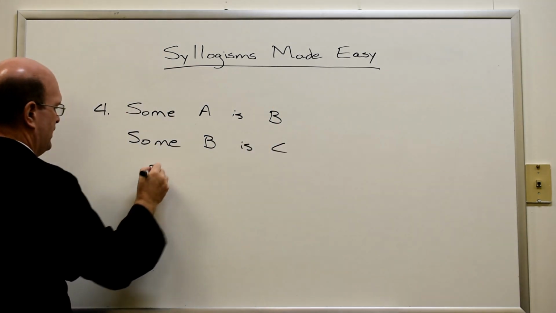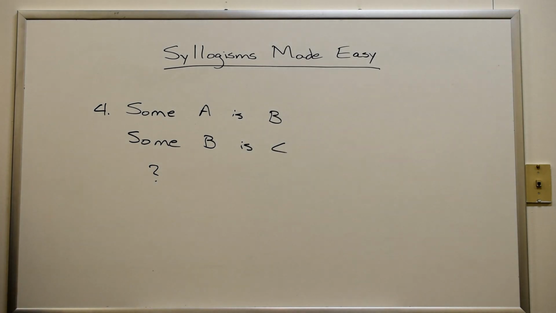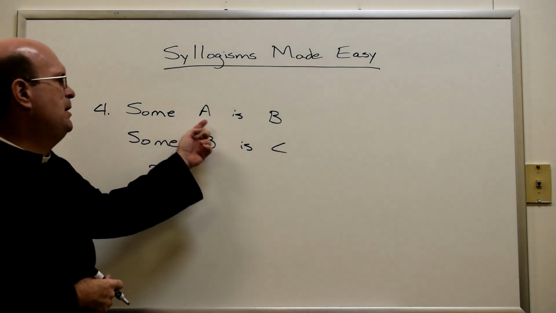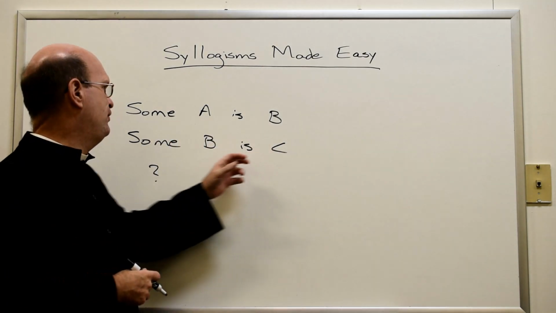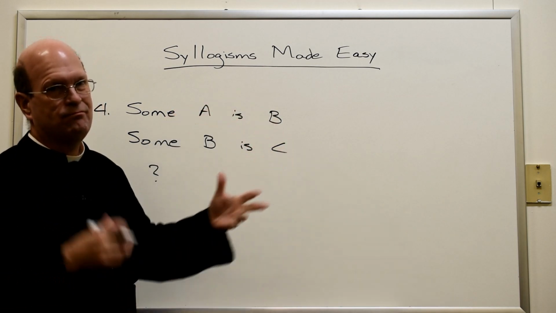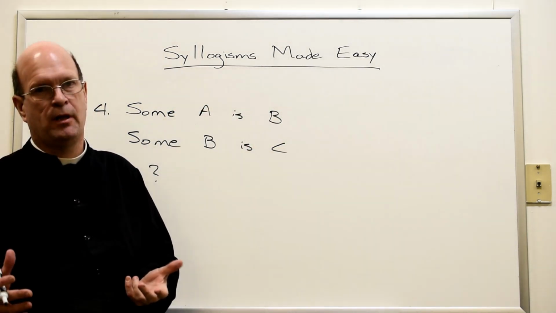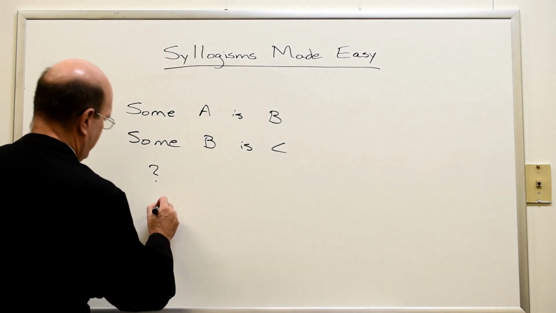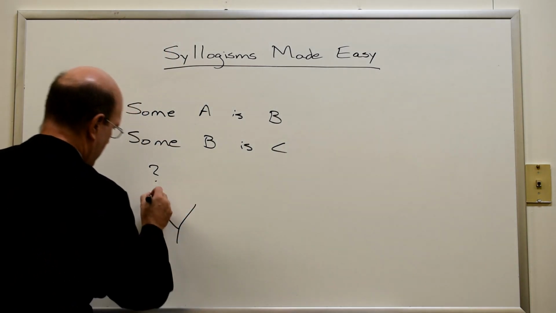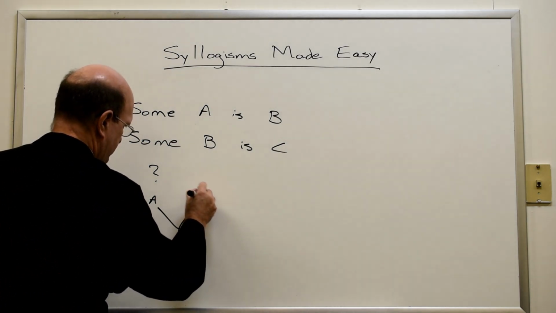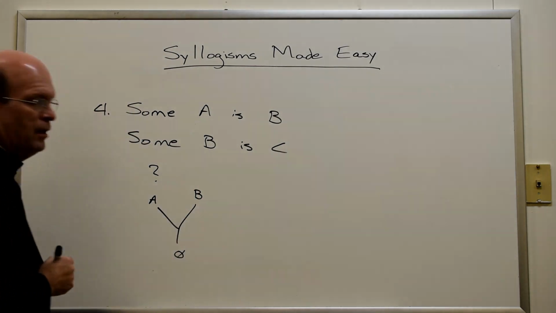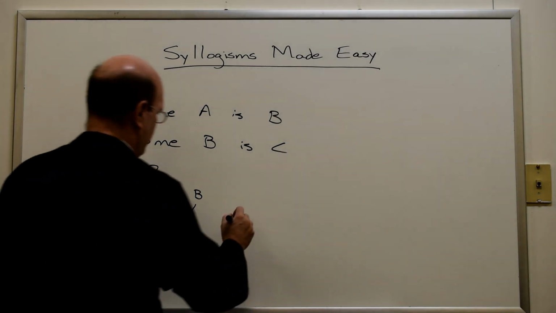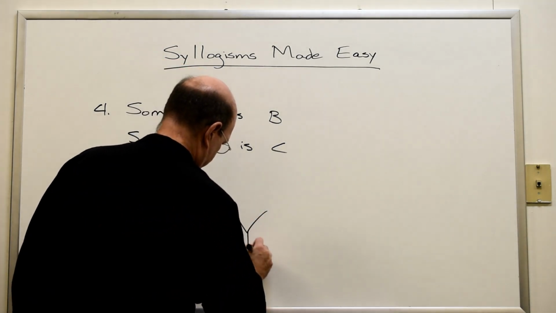Well, does anything follow from that? Not really. We can't say that some A has to be C because they just might miss each other. But let's see the way that works in the diagrams. When I say that some A is B, I have this. When I say that some B is C, I have this.